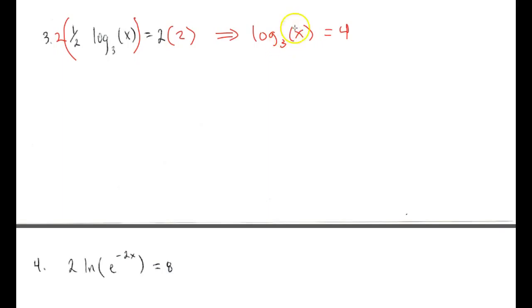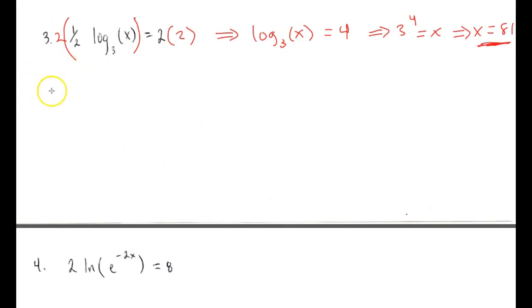So we would just say 3 raised to the power of 4 is equal to x. And of course, from here, we know that 3 raised to the 4th power is just 81. And so that is our answer here, 81.